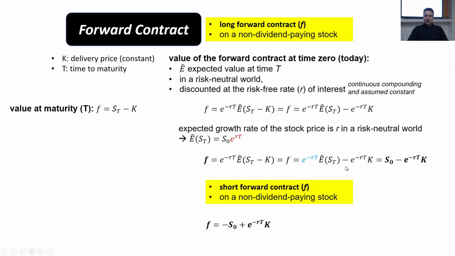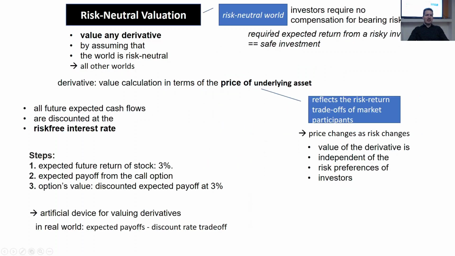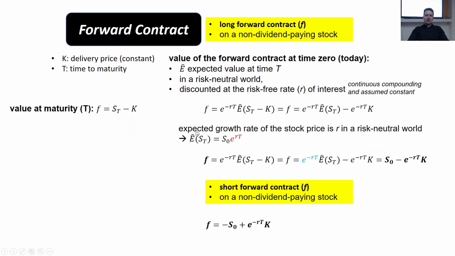So all these things are lurking in the background when we are trying to define the forward contract. That's why we have to include this expectation or imagination, or this idea, because otherwise we would not be able to do this conversion in the equation here.